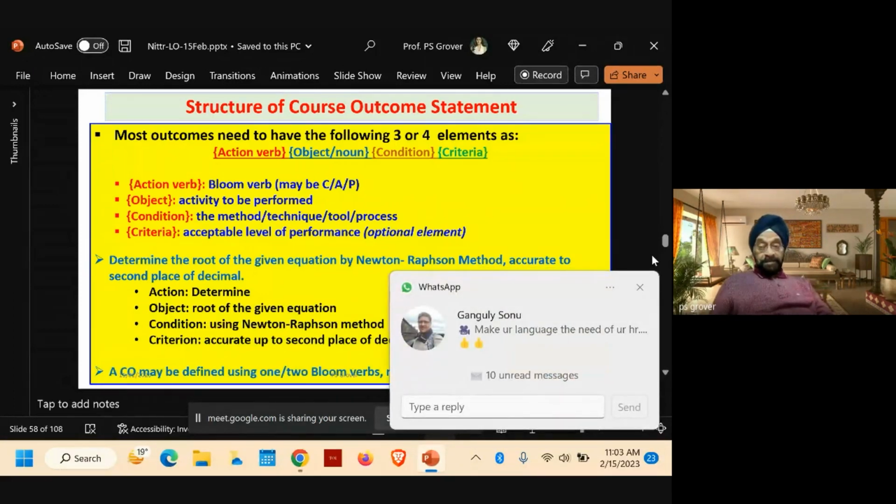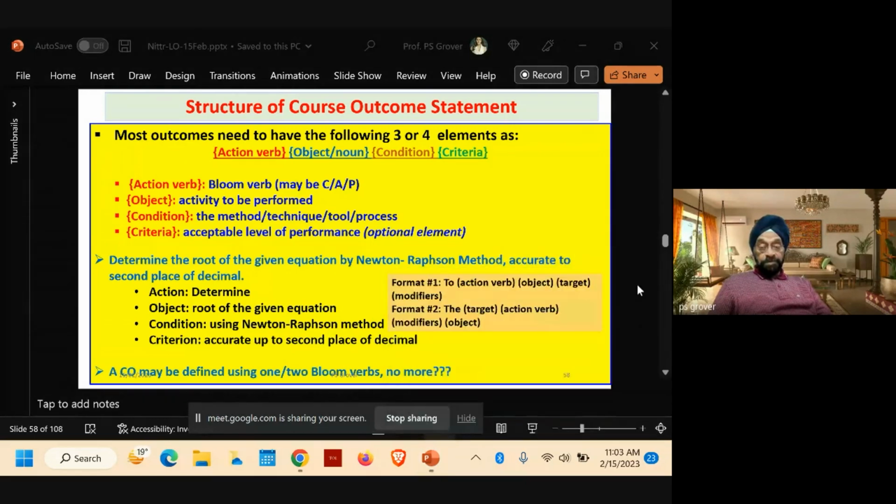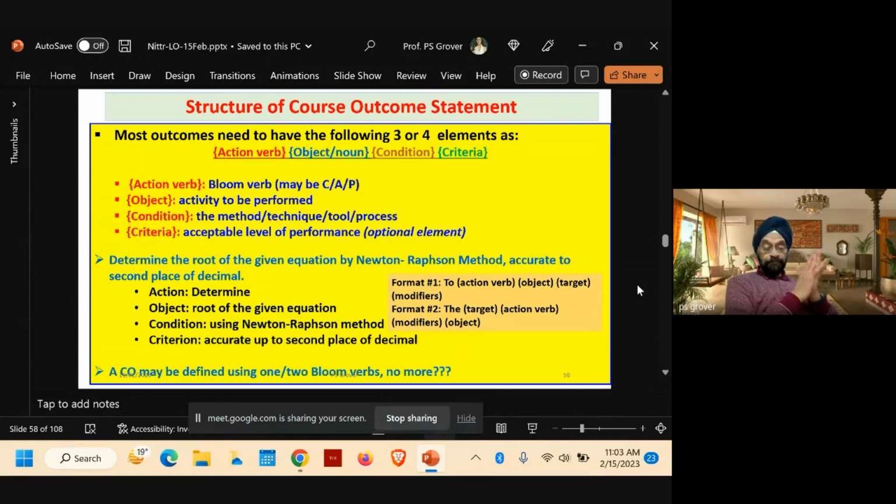That means the statement I wrote indicates what the student is to do, how it is to be done, under what condition, and at what level of performance. So a learning outcome contains this information: what the student is required to do, how, under what condition, and with what accuracy.